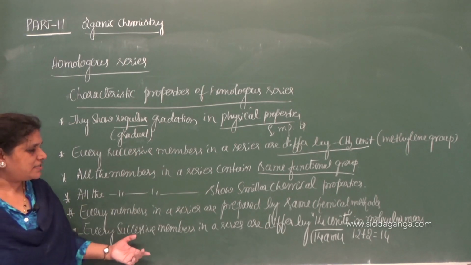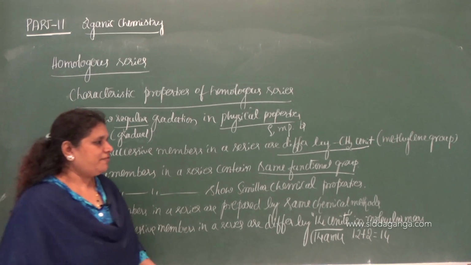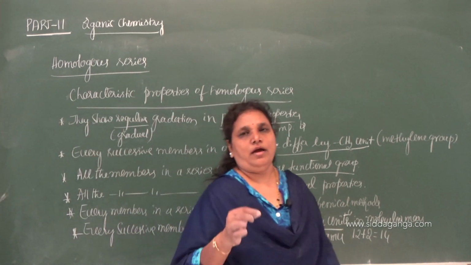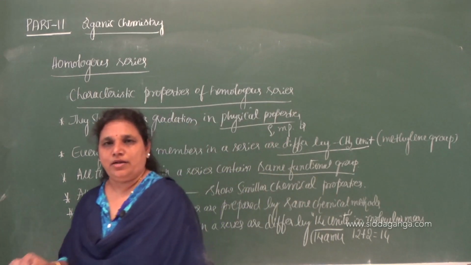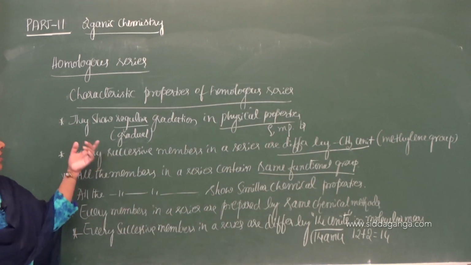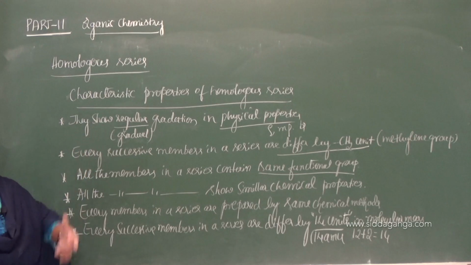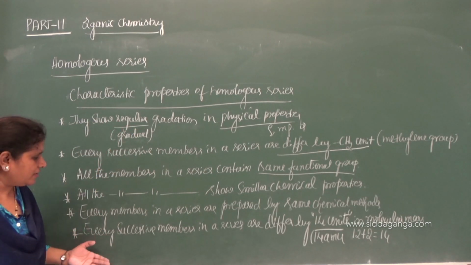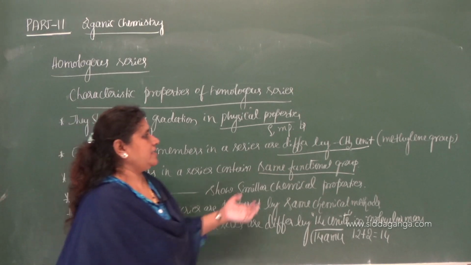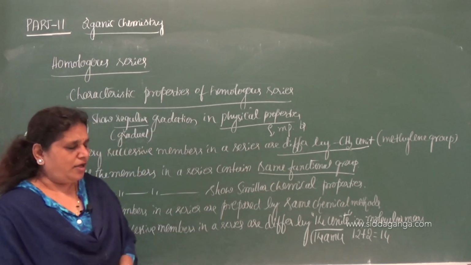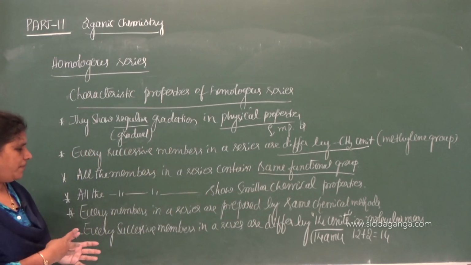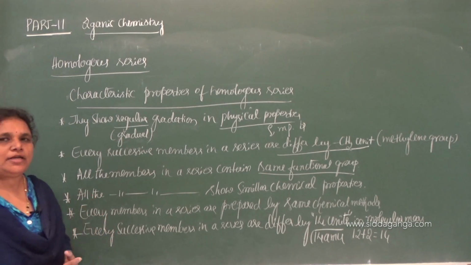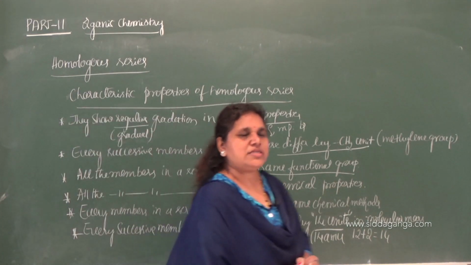Therefore, every successive member differs by 14 atomic mass unit in the molecular mass. Therefore, they show regular gradation in the physical properties. Physical properties here means density, melting point and the boiling point. So this is about the characteristic properties of homologous series.